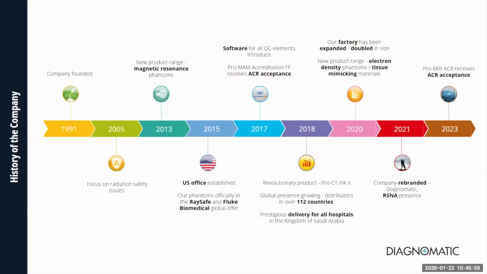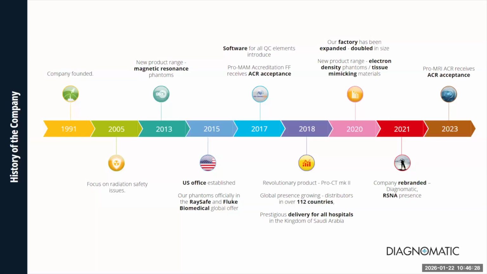KSA. As I mentioned earlier, in 2020, our factory has been expanded, doubled in size. We have built another building and doubled the footage. We introduced new phantoms, electron density phantom, and tissue mimicking materials going along with the electron density phantom.